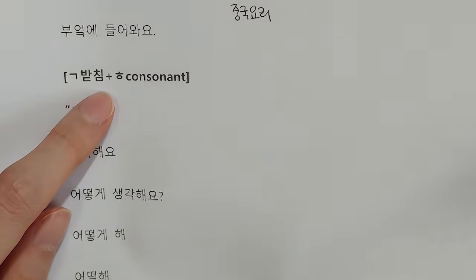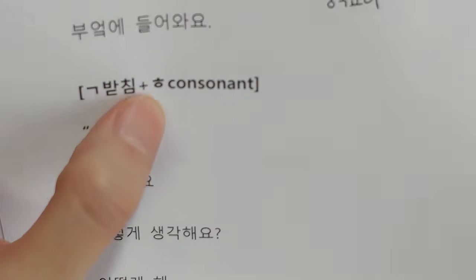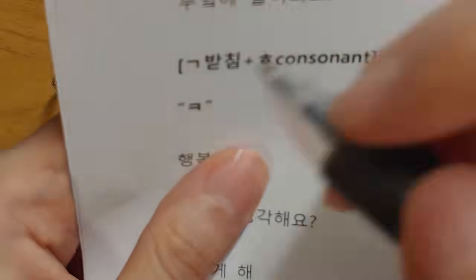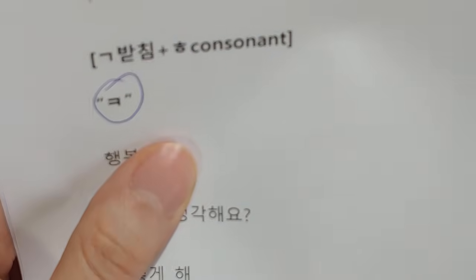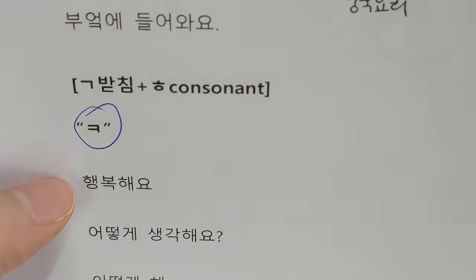And moving on to the next one, 기역받침 combined with 히읗. And this one as well, before we move on to the actual example words, let's try pronouncing uk, 흐. Uk. Inevitably, it produces k sound, right? So, 기역받침 combined with 히읗 consonant produces k sound.